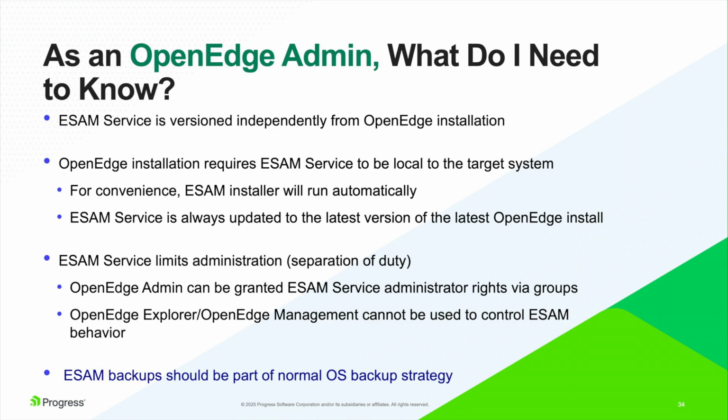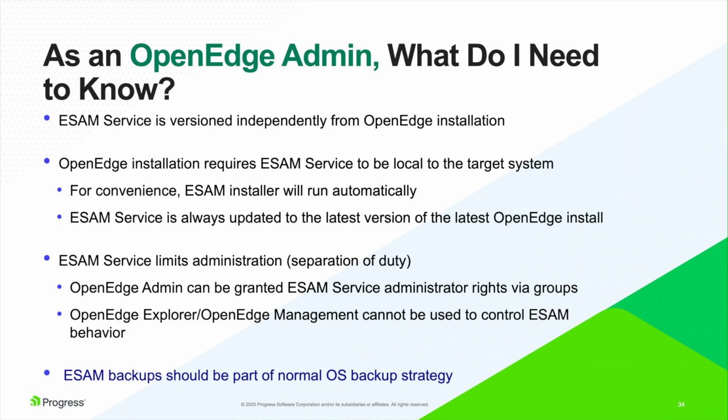Now, at this point, the ESAM service has to be local to the target system. You cannot put in soft links, for example, to a networked drive or to another location within the OS file system. Okay, it has to be local. The ESAM service does run automatically, and it runs automatically in every OpenEdge installation. If the ESAM service is not there, it puts one there.